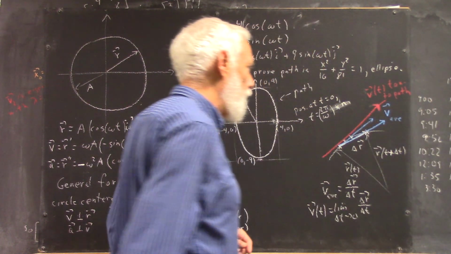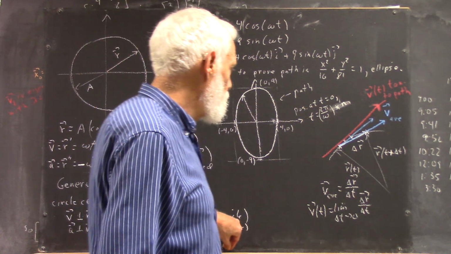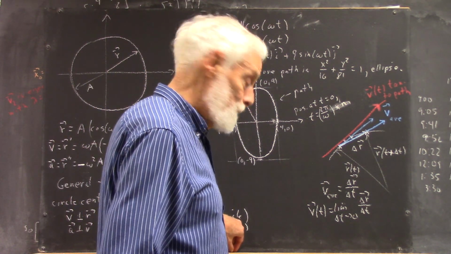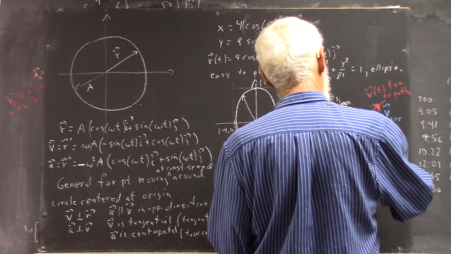So your velocity is tangent to your path, okay? I put an arrow on that, I shouldn't have, I just wanted to draw the tangent, right? But now I can draw the instantaneous velocity vector.